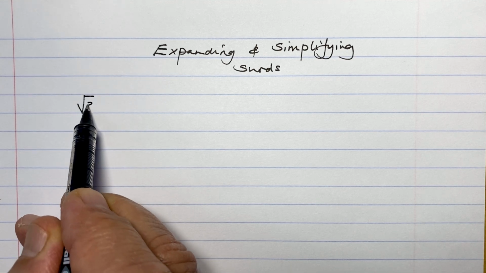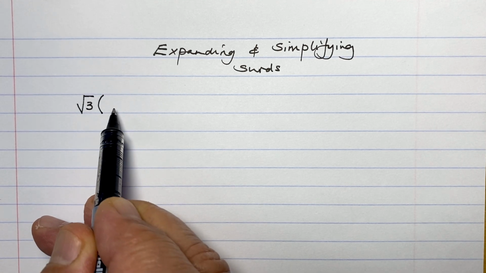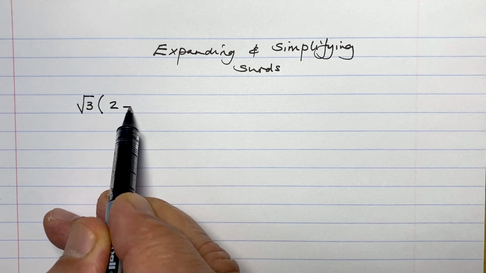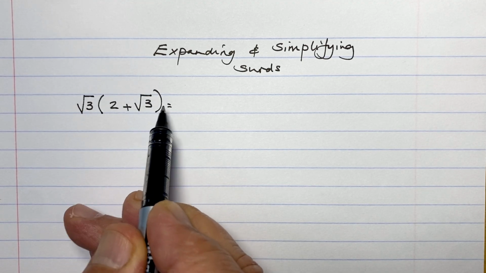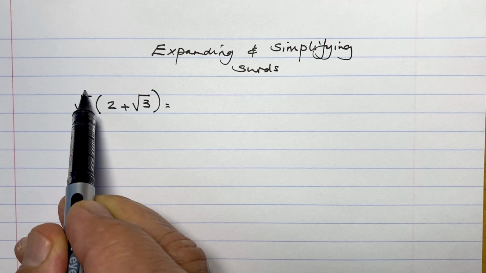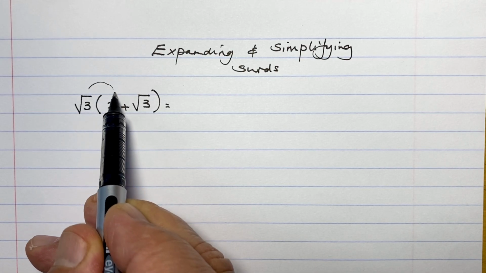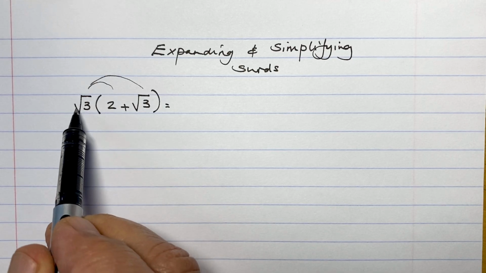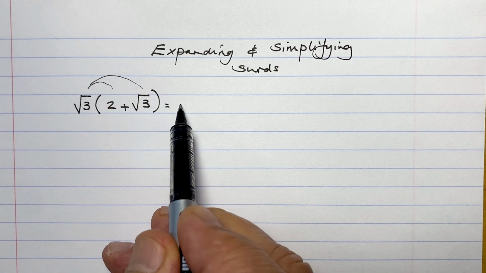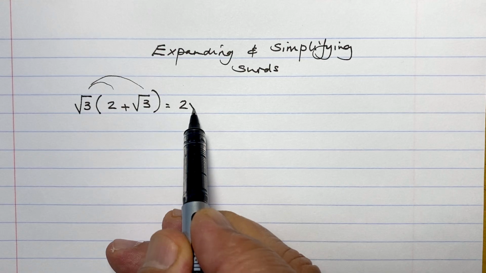Here we have root of 3, bracket open, 2 plus root of 3. As with algebra, the term outside is multiplied by every term inside the bracket. So root 3 times 2 will be 2 lots of root 3.